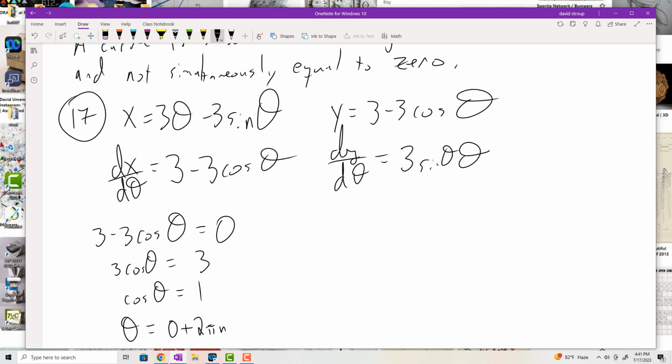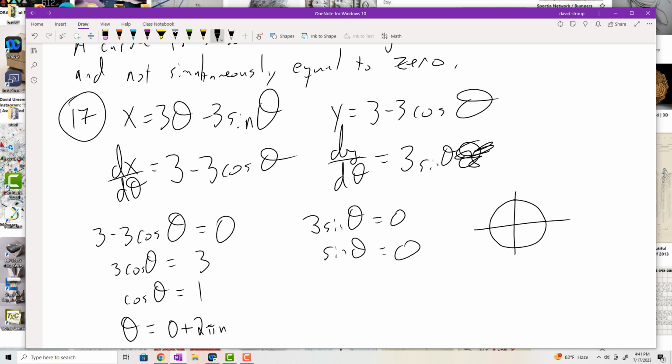So infinite solutions there. And then on the other case, I'm taking 3 sine of theta, set it equal to 0. Solve for sine theta, and then think about the unit circle. In this case, it's pi n, right? Because sine is going to be equal to 0 here and here, whereas cosine was equal to 1 only at this location, and then any 360 degrees rotation from that location.